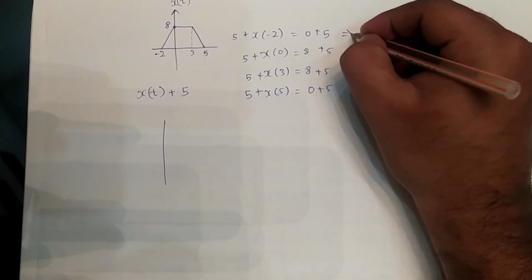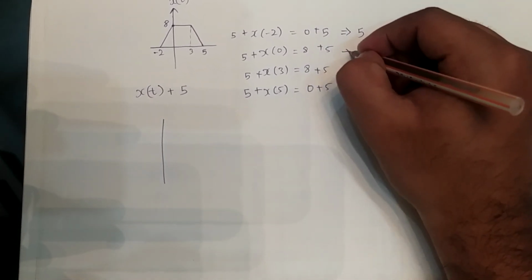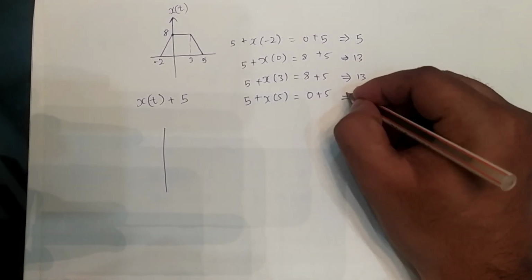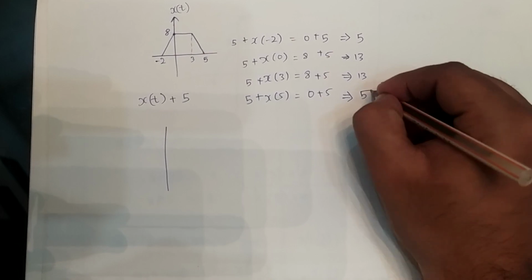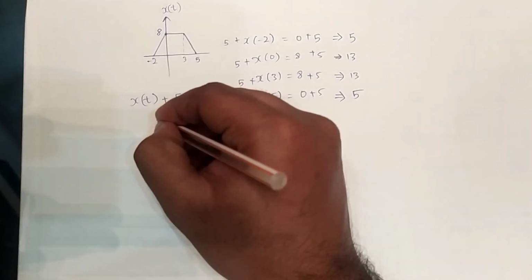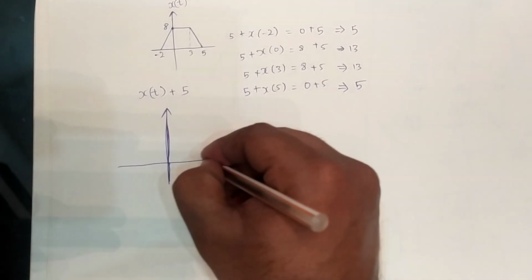So this would basically be 5, 13, 13 and 5. So what happens when you try to plot x of t plus 5?